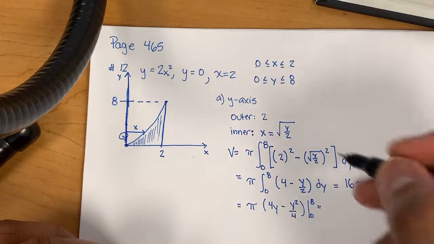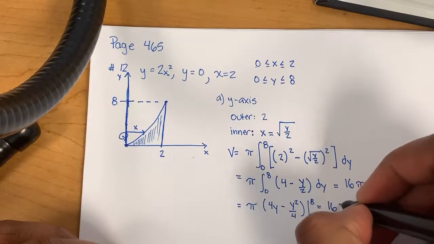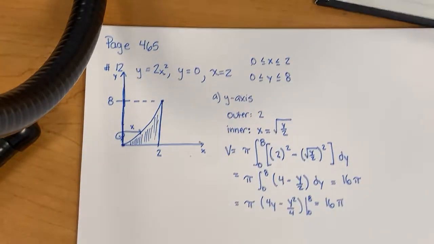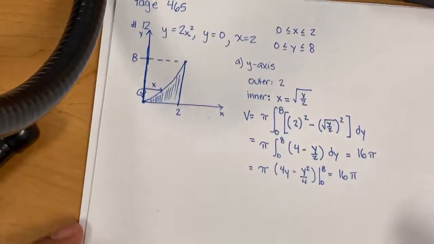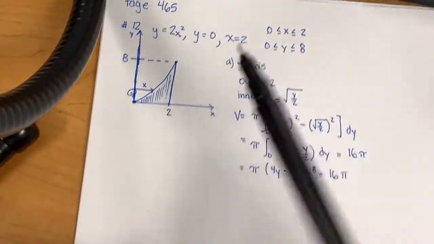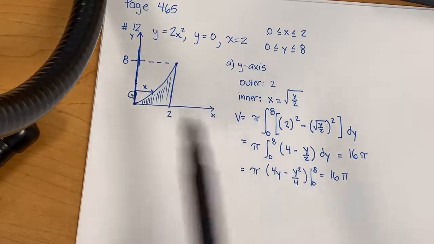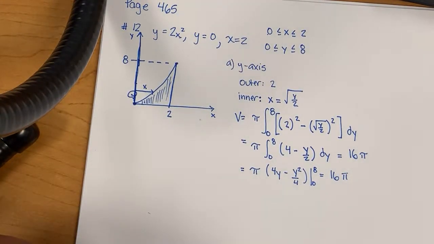So 32 minus 16 will still give us 16 pi. So that's it for part A. Again, we had to do the washer method because the solid would have had a hole in it when rotating around the y-axis. For part B, they want us to rotate around the x-axis.